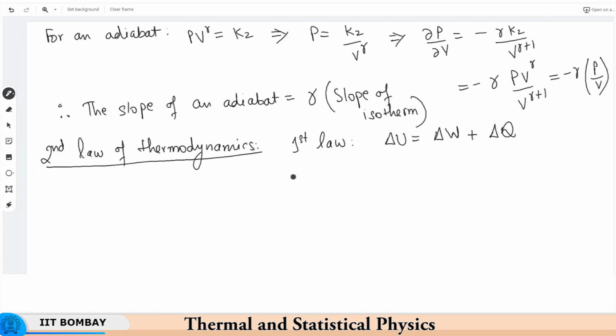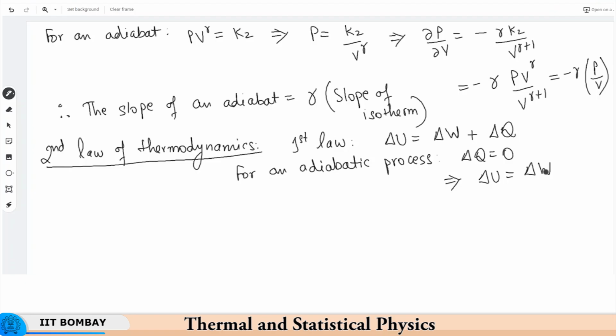And also we saw in the last class, for an adiabatic process, we forbid the heat exchange. So, we put delta Q equal to 0, which implies delta U is just equal to delta W, and all that tells you is that the amount of work done on the system will be converted into the internal energy of the system.